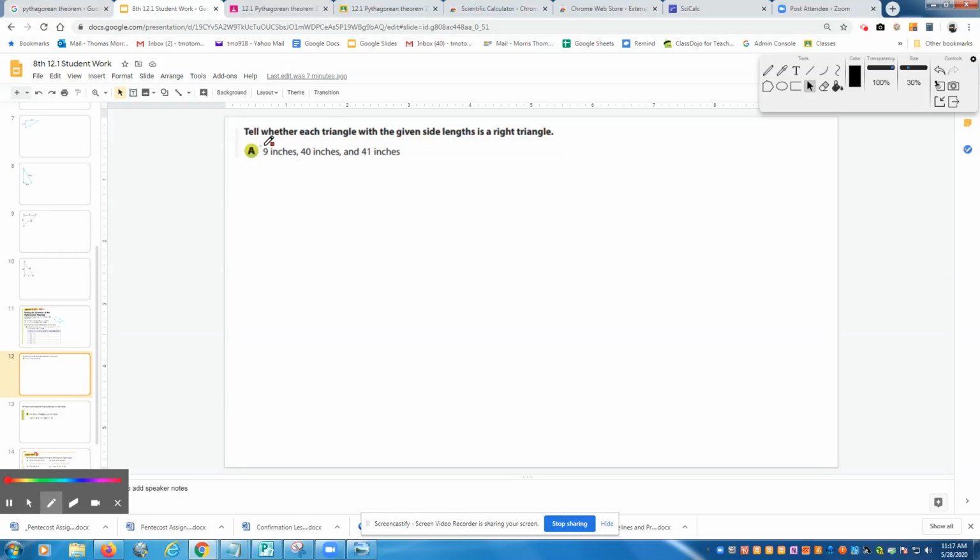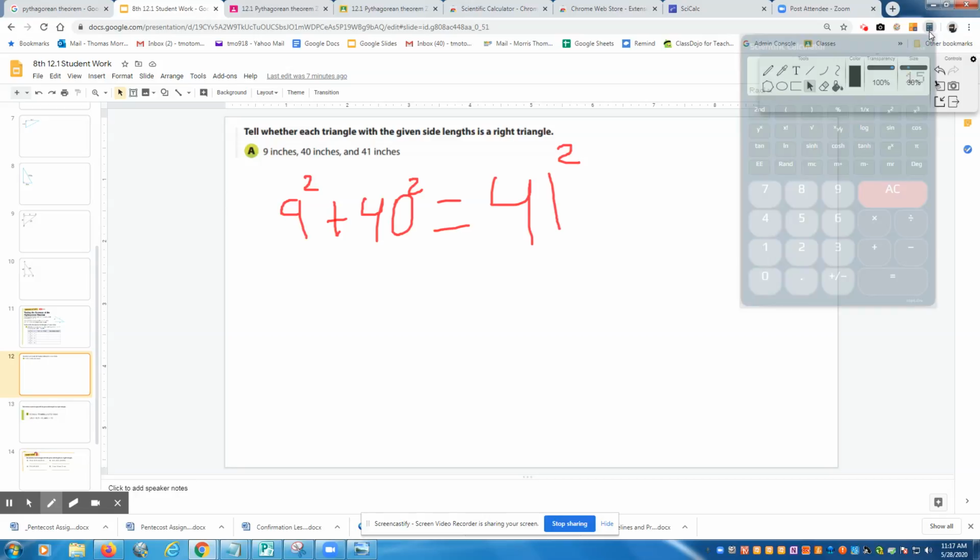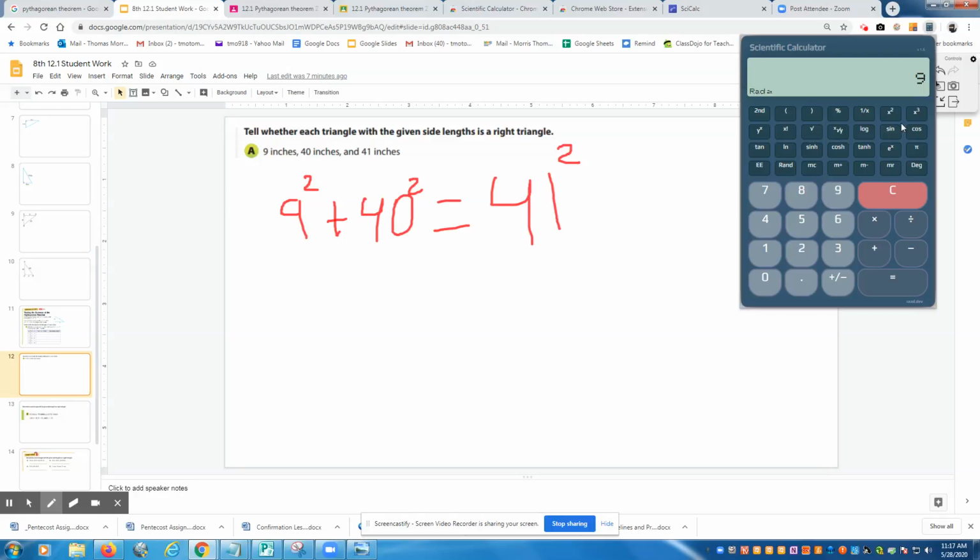Take a look. Is it set up with my c as my highest? It is. Now if this is a right triangle, when I use these parts, this will be equal. And if it's not a right triangle, this will not be equal. So this is how I use my calculator. 9 squared, you could have done that in your head, right? 81 plus 40 squared equals 1681.